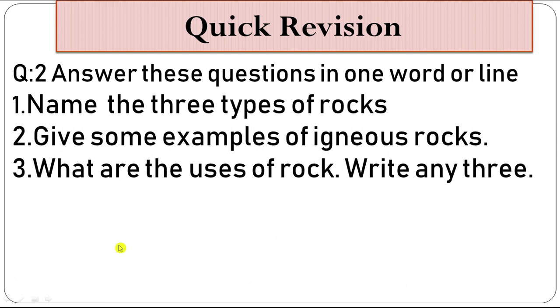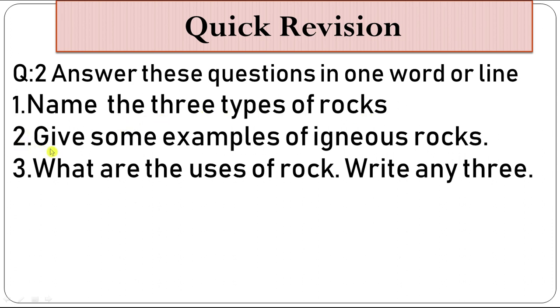Now the second section: answer these questions in one word or one line. These questions I will not answer. You have to give the answer of these questions in the comment box of this video. I'm just reading the questions for you. Your first question is, name the three types of rocks found on the surface of the earth.